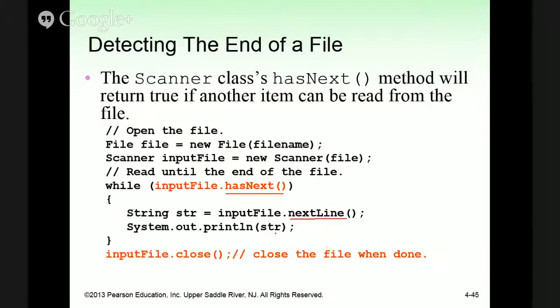And then when it's done, the loop simply ends. If we just kept reading nextLine without checking to see if there's another line to read, that could result in problems. So that's why we need to check to see if there's more information to read before we actually try to read it.